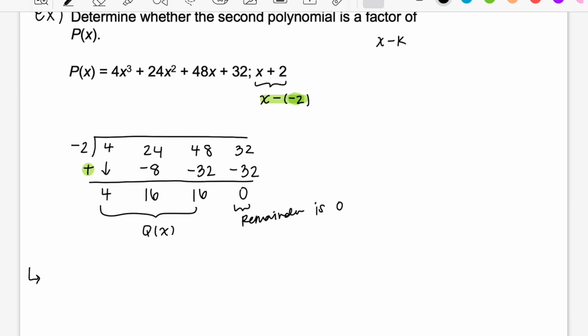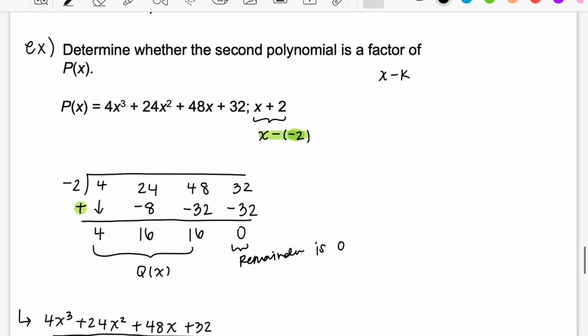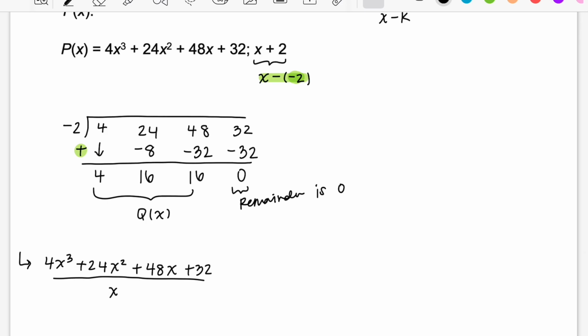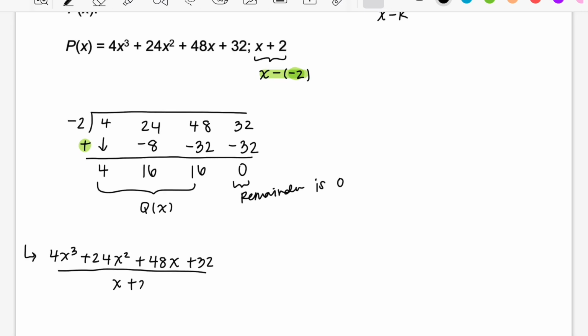So this tells us that the polynomial here divided by x plus 2 is equal to our quotient here with no remainder. And remember, our quotient is going to have degree 1 less than the polynomial we started with. And these are all of our coefficients.